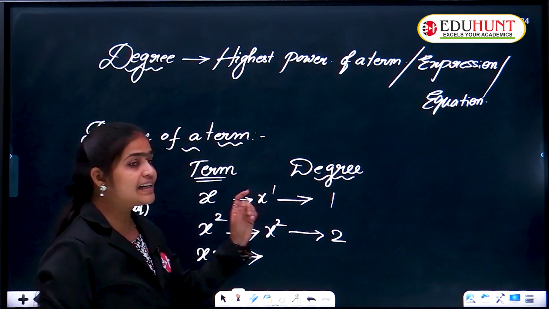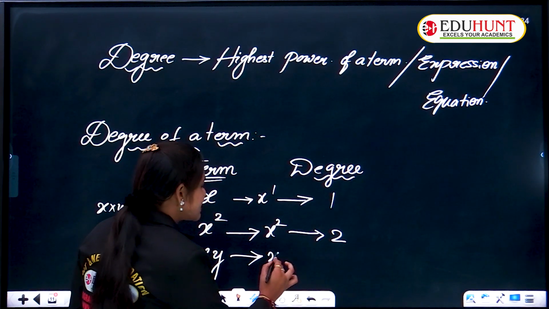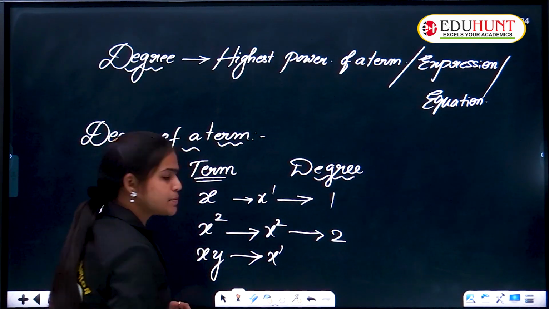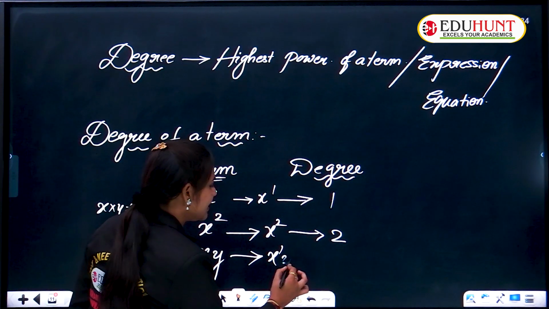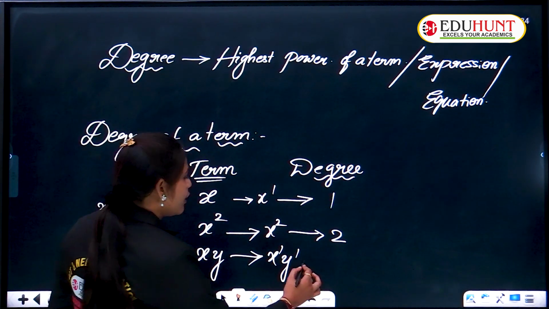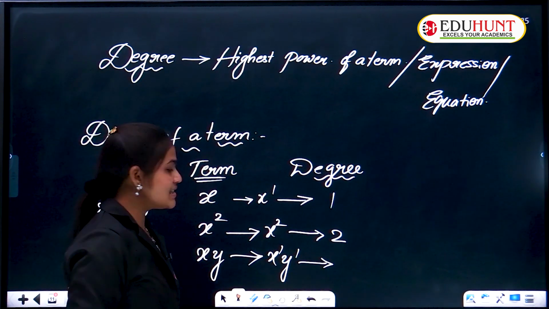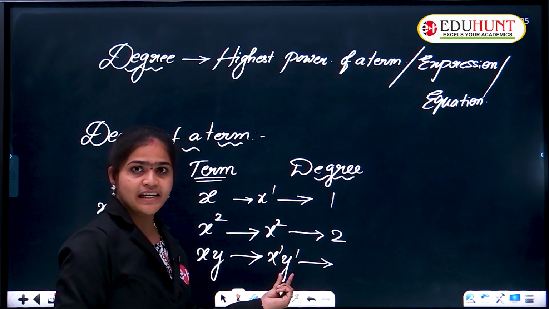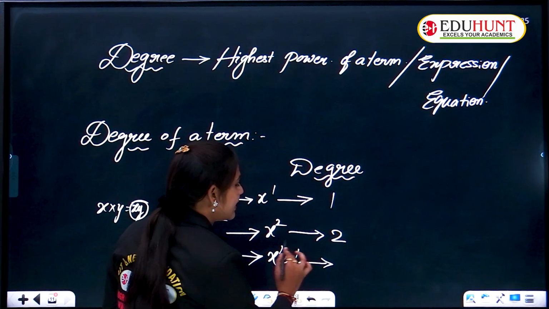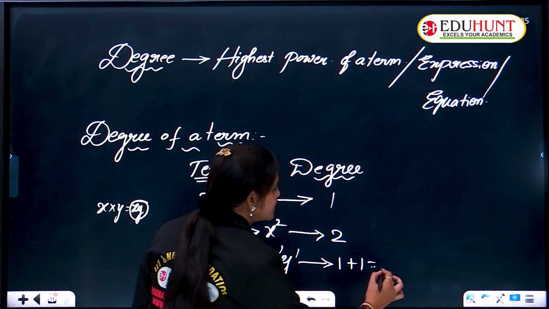Now what is the degree of this term? Is any power given for x? Nothing given, so x power 1. Any power given for y? Nothing given, so y power also 1. This is a multiplication, so in such cases you just add the powers. 1 plus 1 is equal to 2.